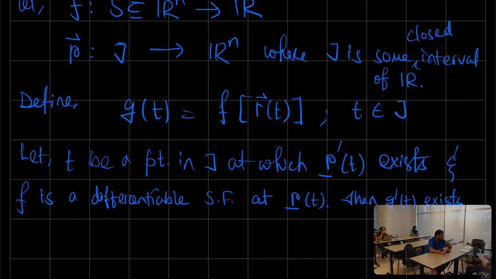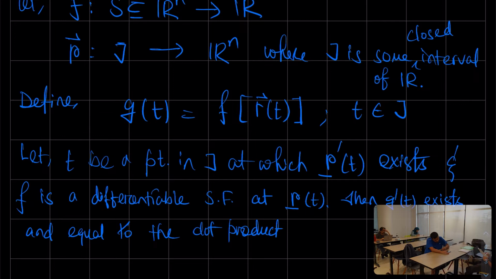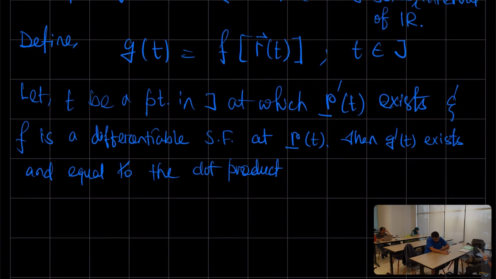I think I got my answer, because for differentiability I need continuity, right? So yes, I have to consider something. Okay, well, that's the most accurate description. And g prime t exists and is equal to the dot product. What is the dot product?